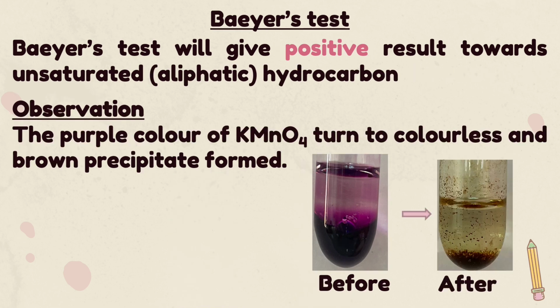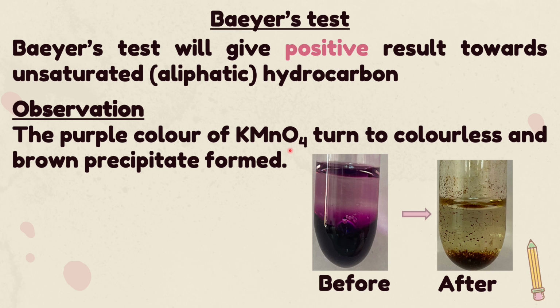Now, Bayer's test will give a positive result towards unsaturated hydrocarbon, like alkene. If it is a positive result, the observation we will see is that the purple color of KMnO4 will turn colorless and a brown precipitate forms. Why?